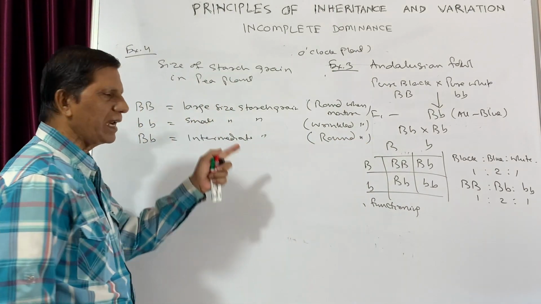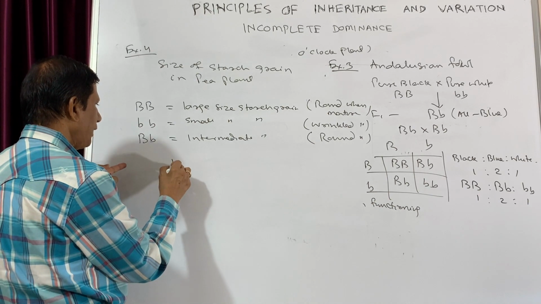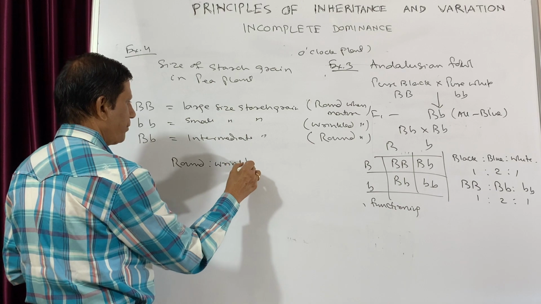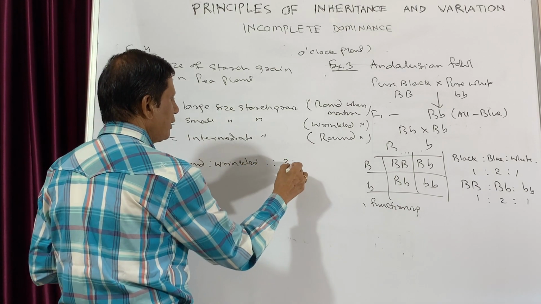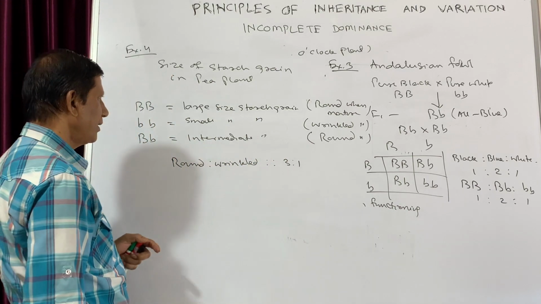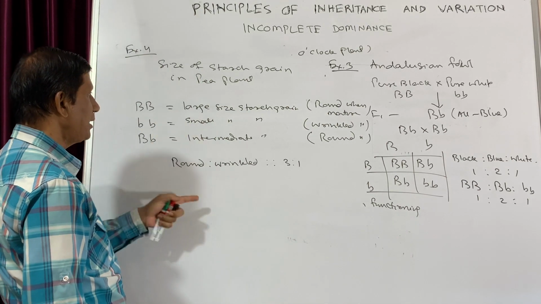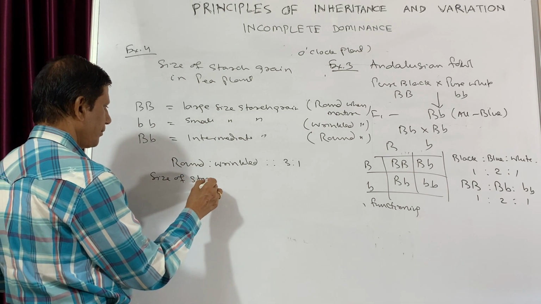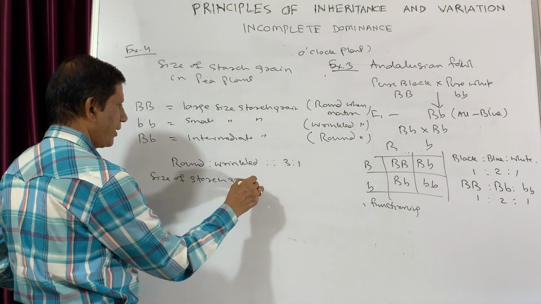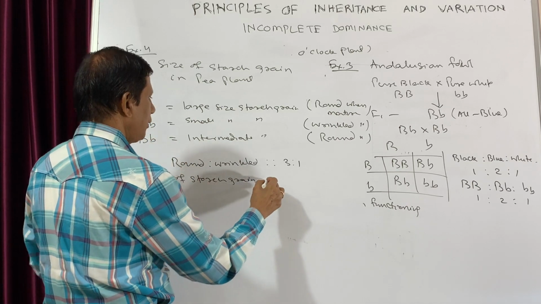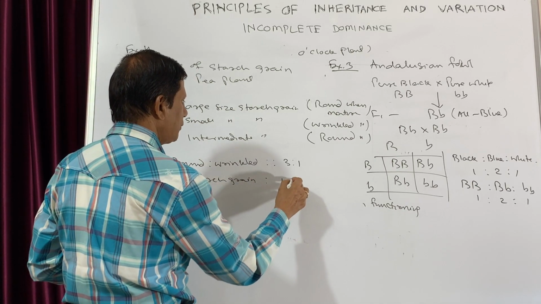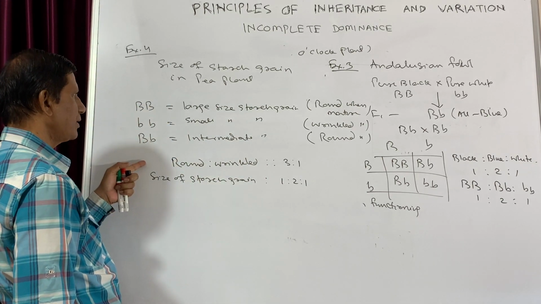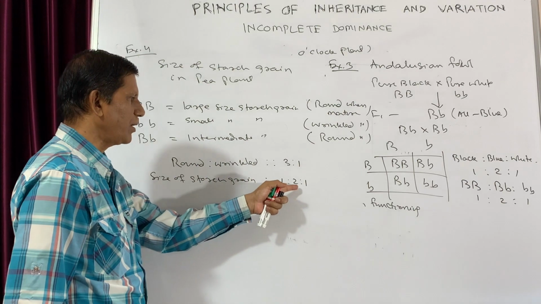Now you see, here there are two characters. If we take the round and wrinkled character, they will come in the ratio of 3:1. But if we take the size of starch grain, then it is coming in the ratio of 1:2:1. Both the phenotype as well as the genotype are in that ratio.